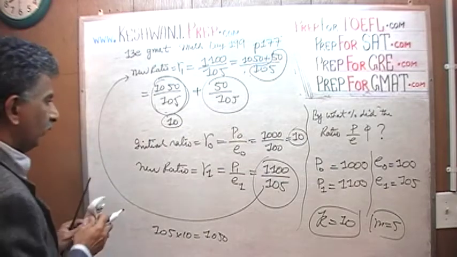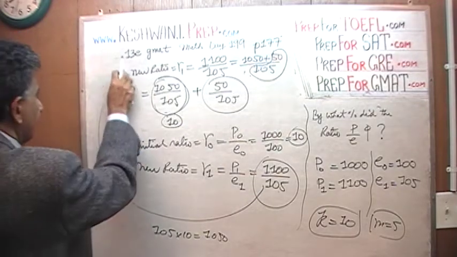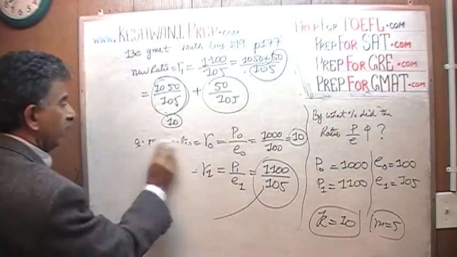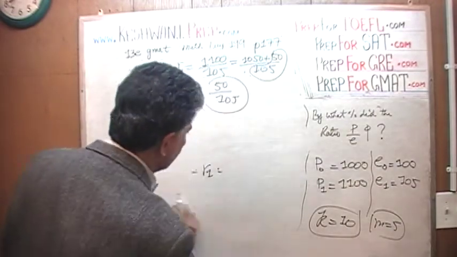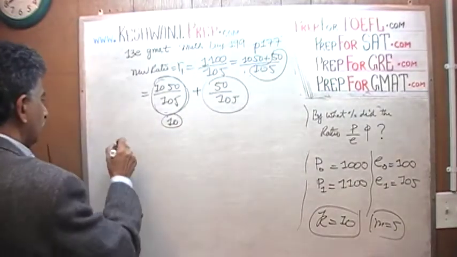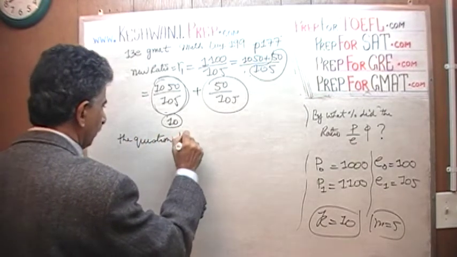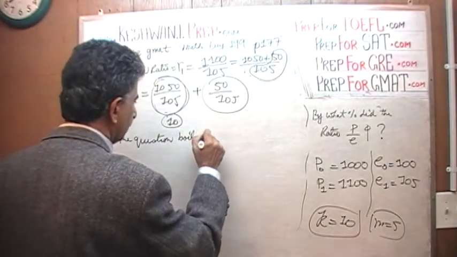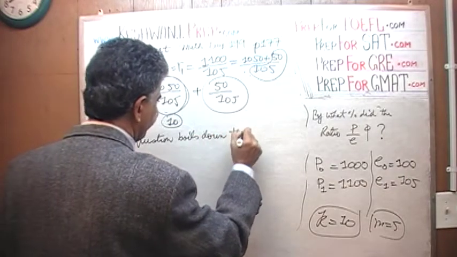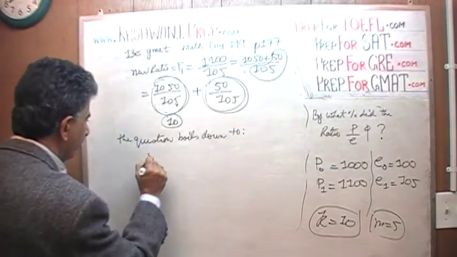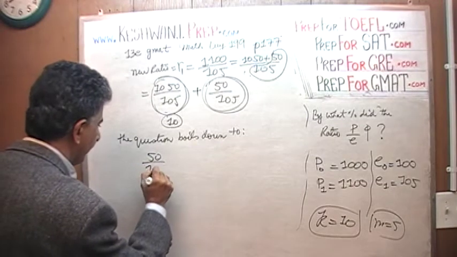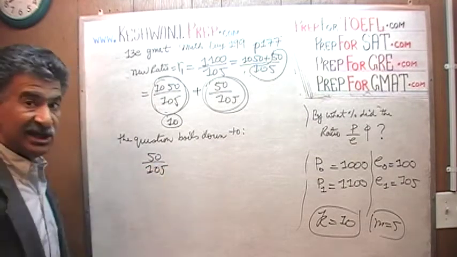So now I need a lot of room, so I'm going to have to erase everything. Now, here's the question. The question boils down to this quantity, 50 over 105, which is the change in the ratio.